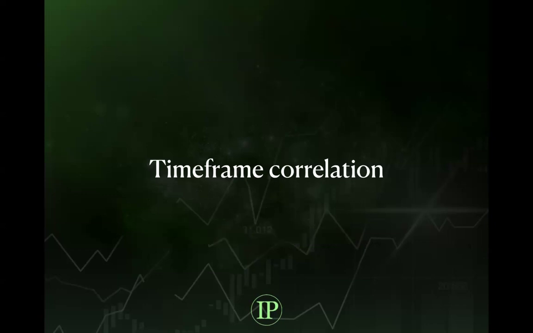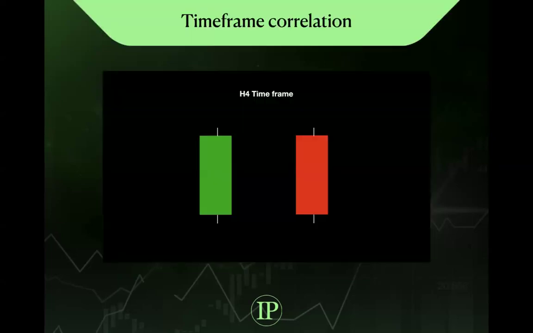Number one, time frame correlation. If we're looking at a 4-hour time frame, we have these two candles in front of us. It took 4 hours for these candles to open, form, and close.